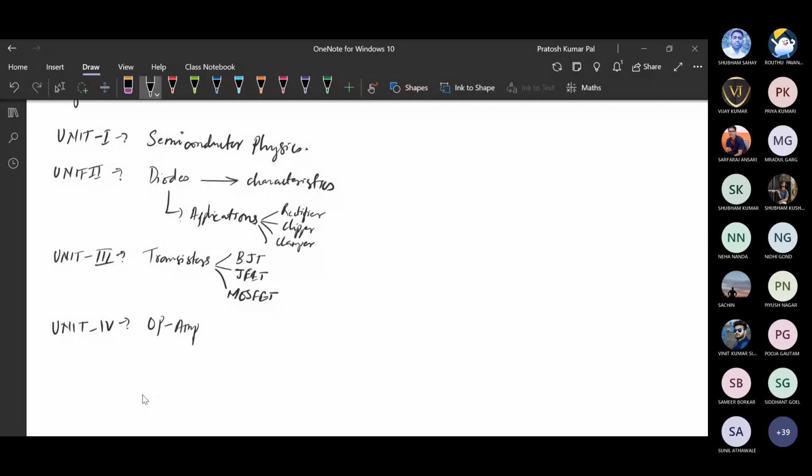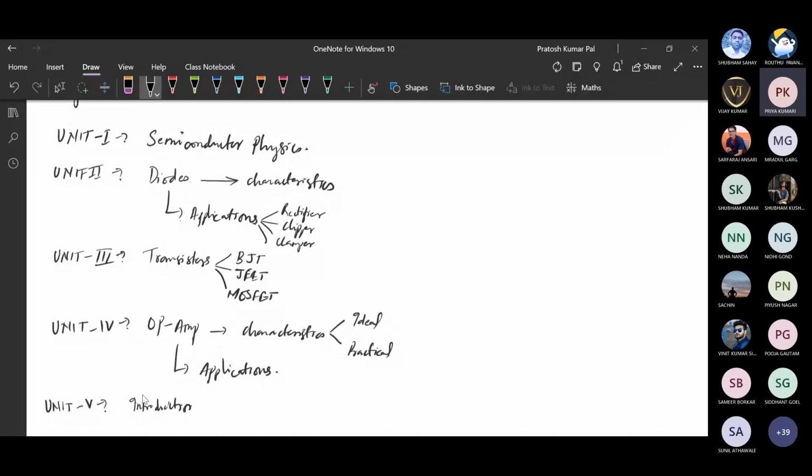Similarly, its characteristics, that will be ideal and practical characteristics, and then again the applications of operational amplifiers. In the fifth unit, we will introduce the digital electronics, so here it will be an introduction to digital electronics.